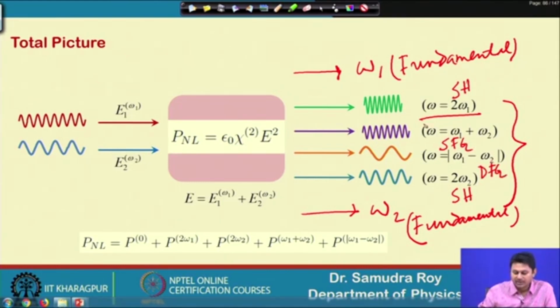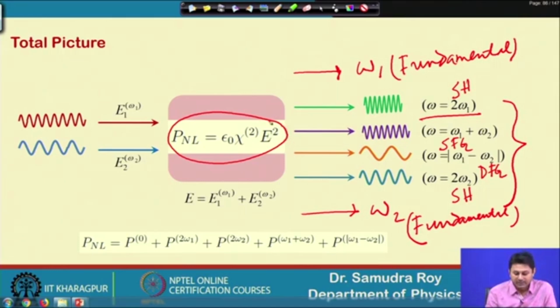So, in total there should be 6 different frequency components when we deal with this nonlinear polarization, and in a very simple way, using very simple mathematics, we can figure out which frequency components can be generated. And that is why, as I mentioned in the previous class, this scalar form is very important. So, in all the cases I invariably use the scalar form.